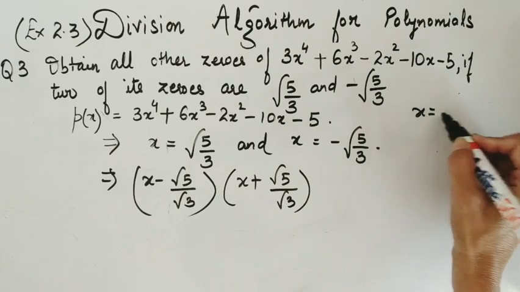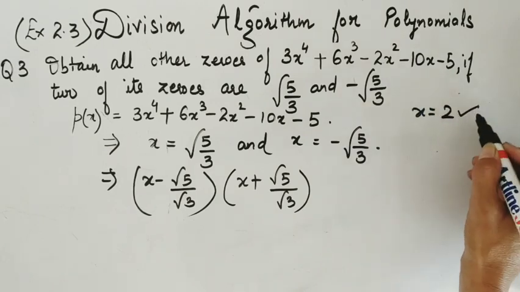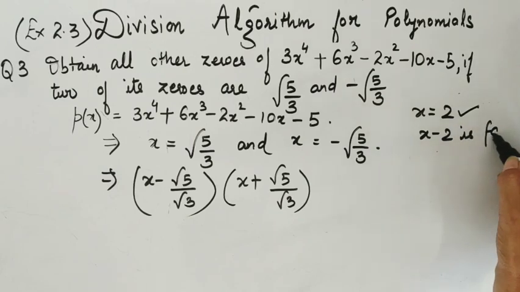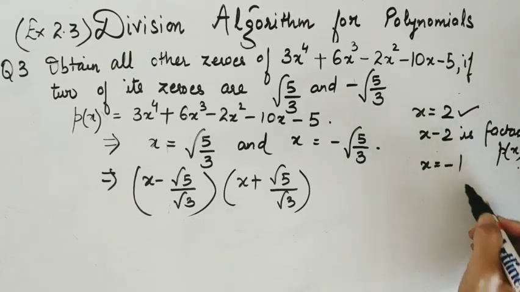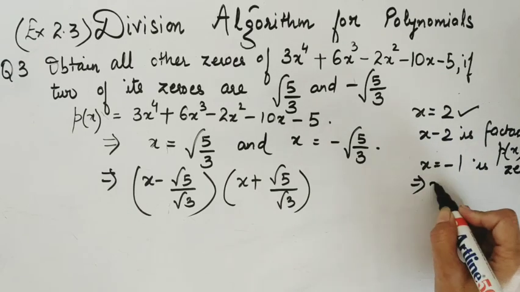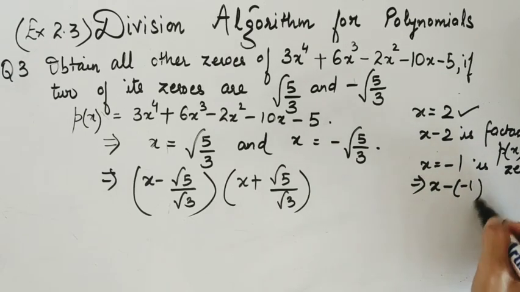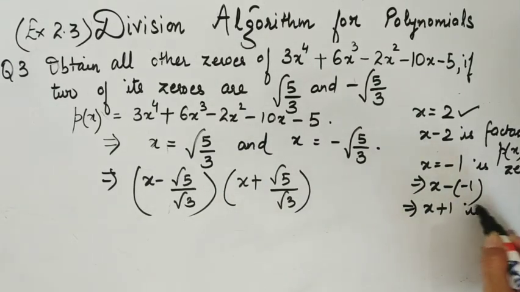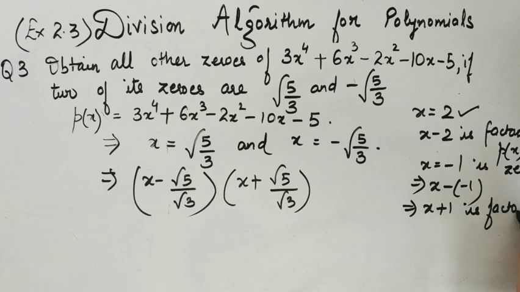If x equals 2 is a zero of any polynomial, that means x minus 2 is a factor of the polynomial, right? If x equals minus 1 is a zero, that implies x minus of minus 1, which becomes x plus 1, is a factor of the polynomial.